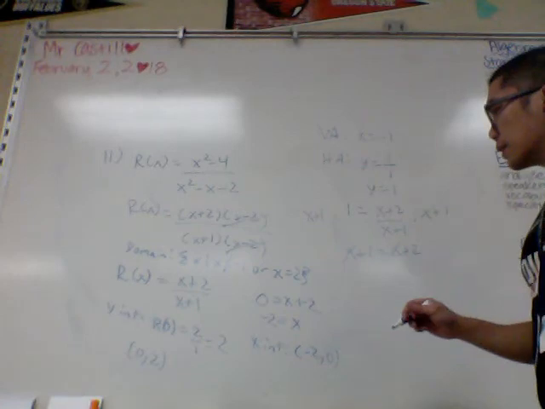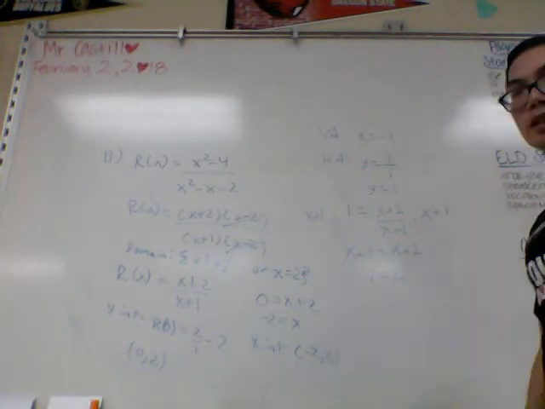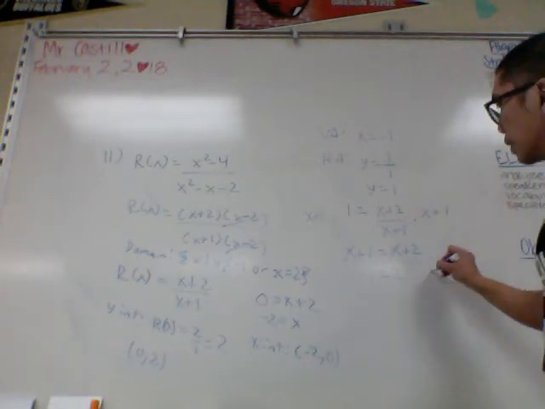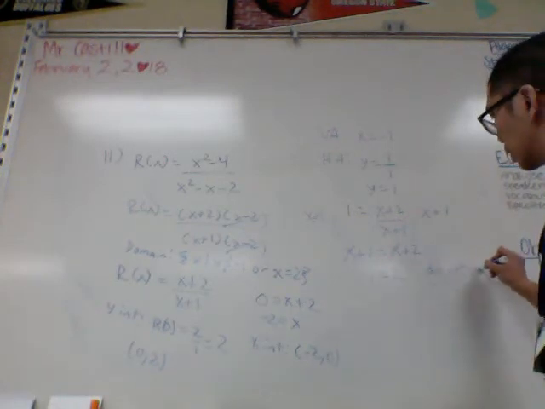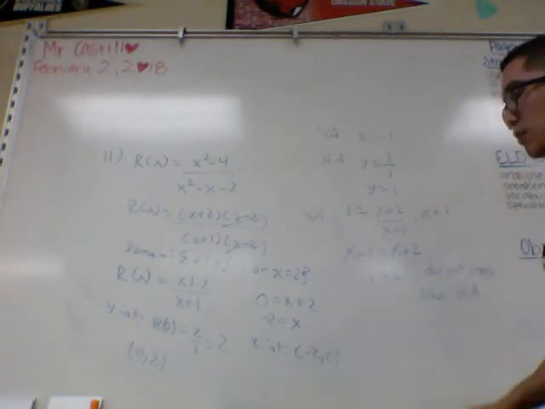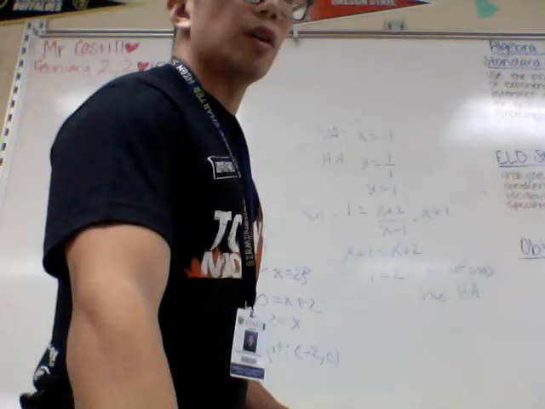The x's cancel and 1 equals 2, which is an inconsistent equation, which means we do not cross the horizontal asymptote. Okay? So this graph does not cross the horizontal asymptote.